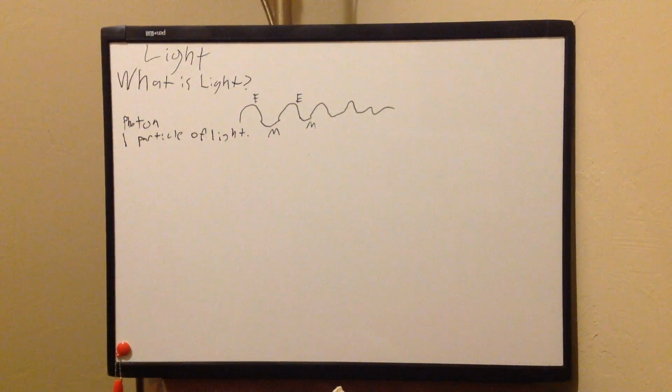The photons, even though they're a particle, can also be described as having wavelength and frequency and such. So, it's a little weird, it's a little tricky, but light's weird like that. So, that pretty well covers, I believe, what light is.